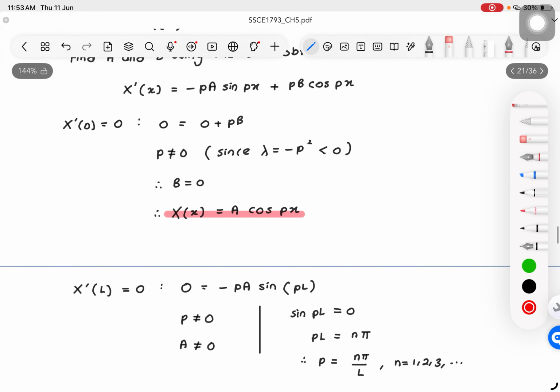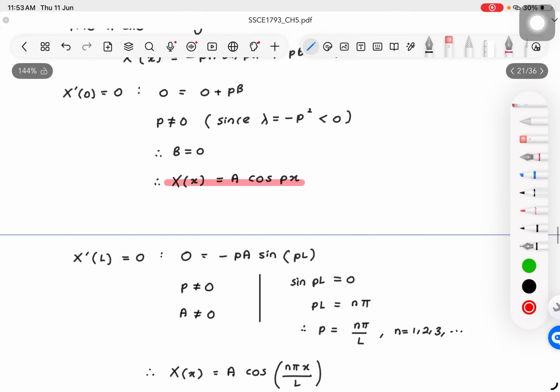So we test the next boundary condition, x prime L is equal to 0, and we get this one. Same thing here, p will not be equal to 0. Sine will be equal to 0, because sine PL is equal to 0, so PL is equal to n pi.